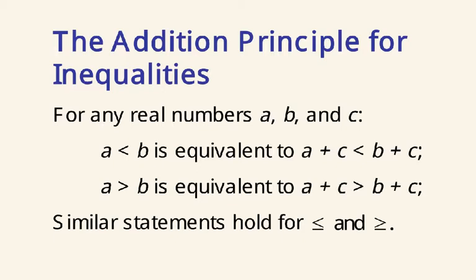You can add a positive number or a negative number. You can add any number c and the inequality is still going to hold. And that's also true when you have the equals in there. So you pretty much have free rein adding. You're not going to mess with your inequalities.